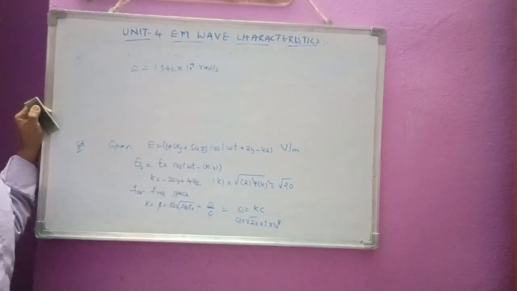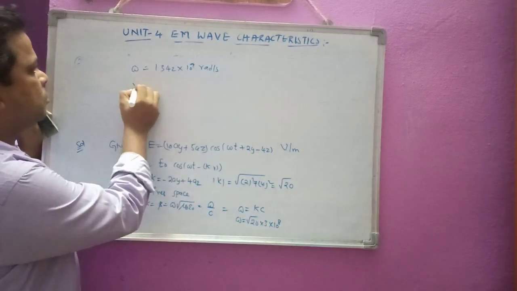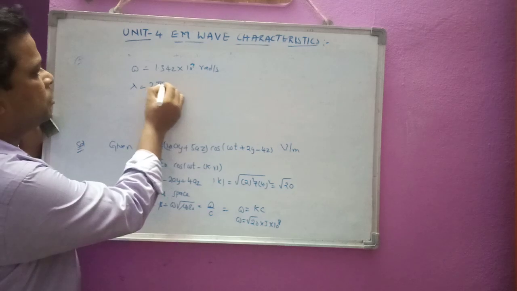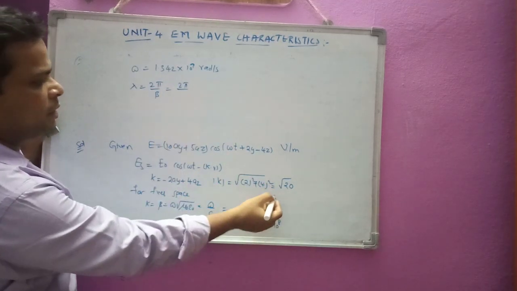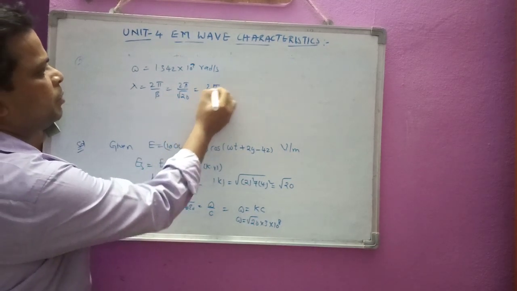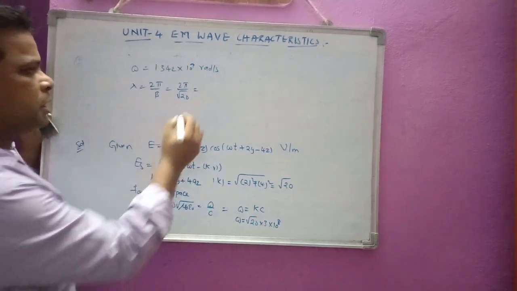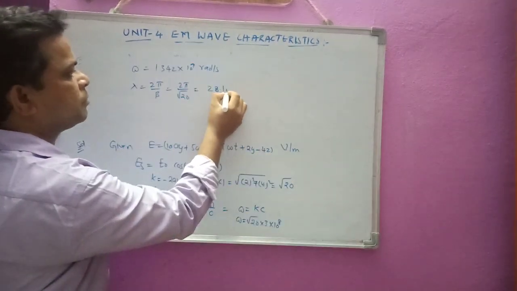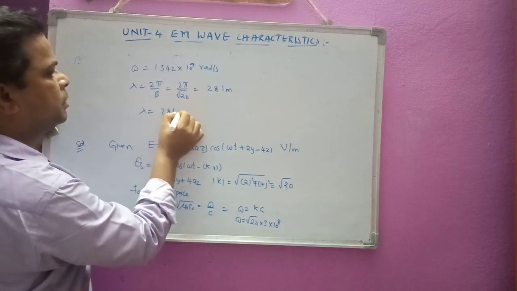Similarly, we have to find the value of lambda. Lambda is equal to 2 pi by beta, and beta is k, which is root 20. So I can write 2 pi by root 20, which turns out to be 28.1 meters. So the lambda value is 28.1 meters.